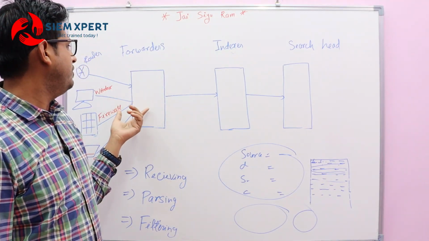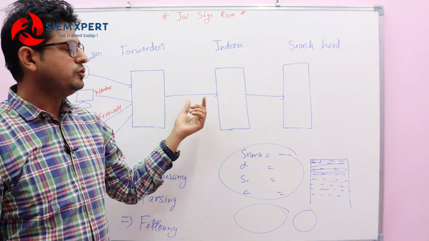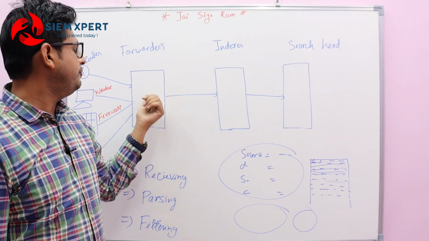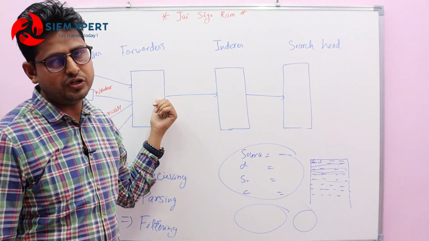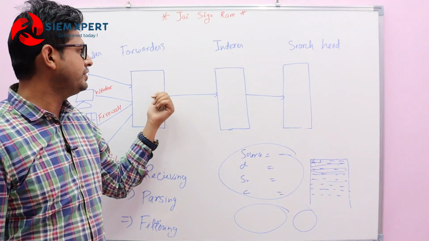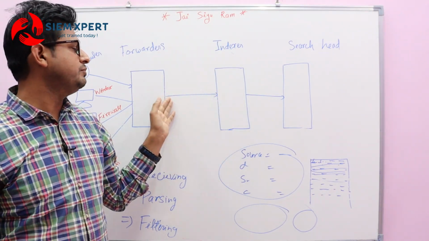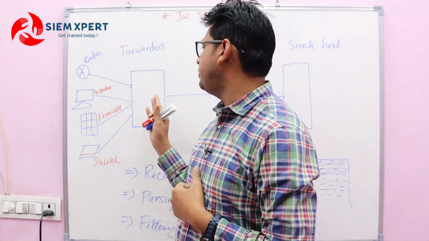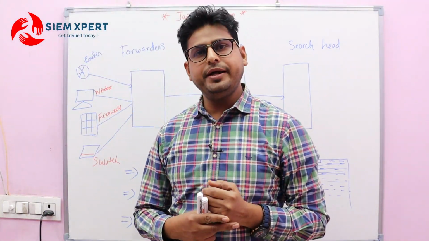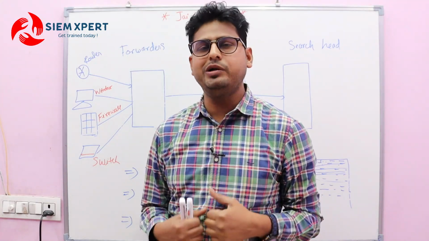The Splunk forwarder collects the logs, but the indexer is not available. In that case, the forwarder will keep the logs in the cache, that is called the persistent queue, right? It will keep the logs here, and once the indexer comes up, it will start forwarding the logs. So in the normal situation, if you deploy this component as a forwarder, it does not hold the logs, right?